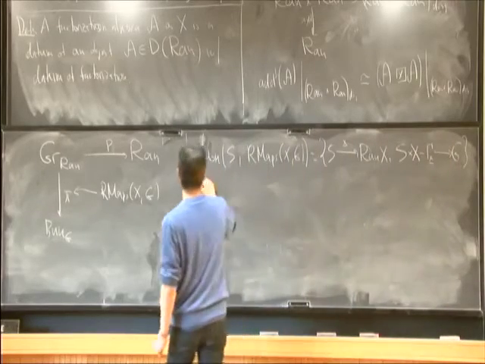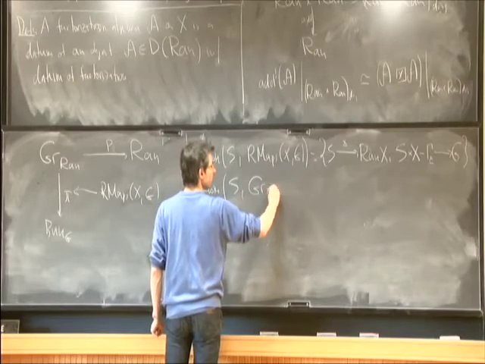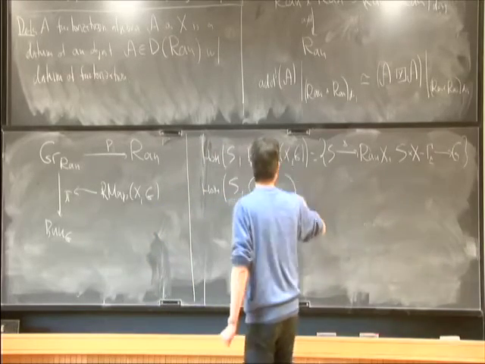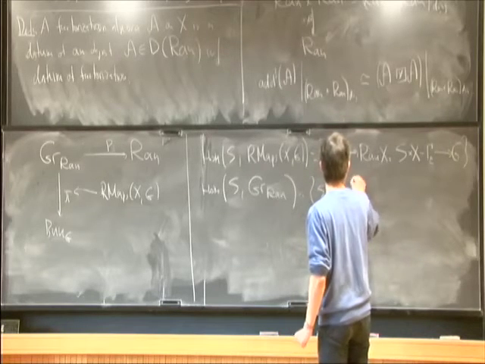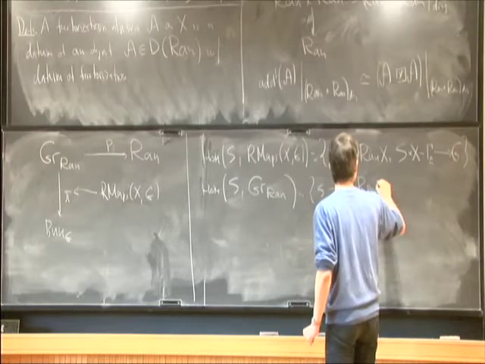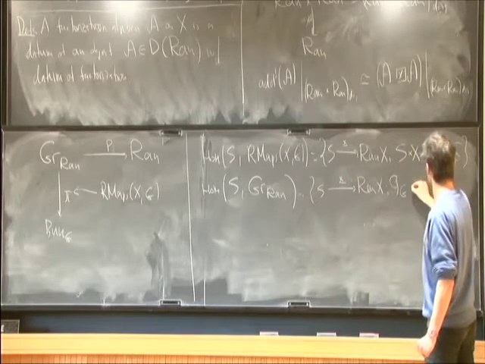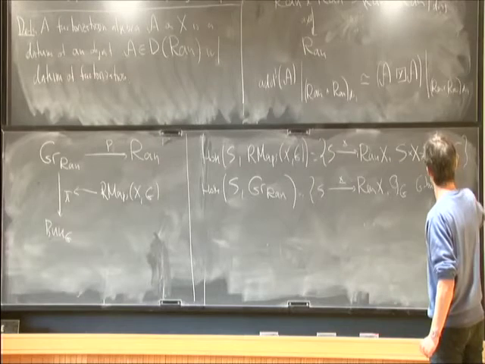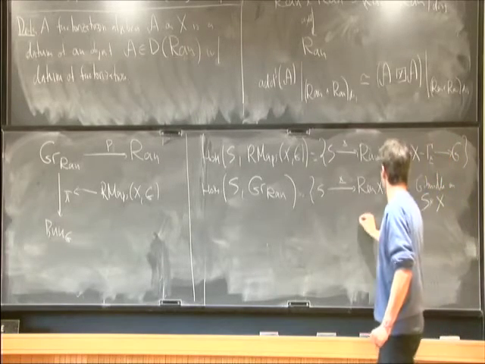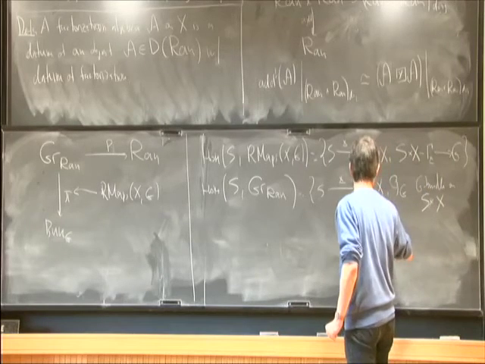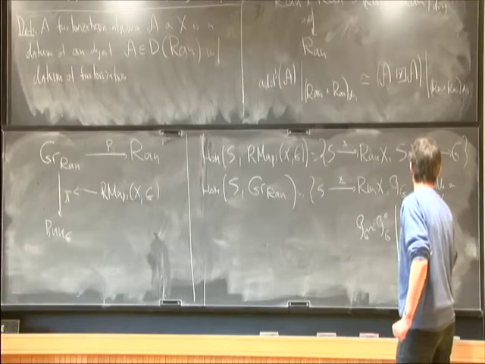Similarly, we define Hom from S to the Grassmannian, just as before. It's a point of the round space. We now specify a principal G bundle, a G bundle on S times X, and we specify a trivialization of this G bundle on the same set.